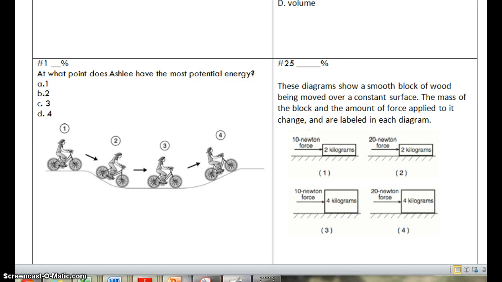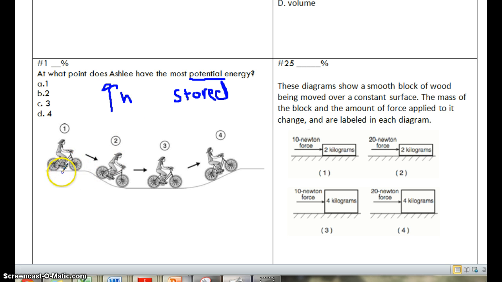Next one, potential energy. You should have underlined that and written stored. We know potential energy is stored energy, and it depends on 2 things. It depends how high something is, so the height, and it also depends on the mass, or how heavy something is. In this case, we have Ashley on a bike.